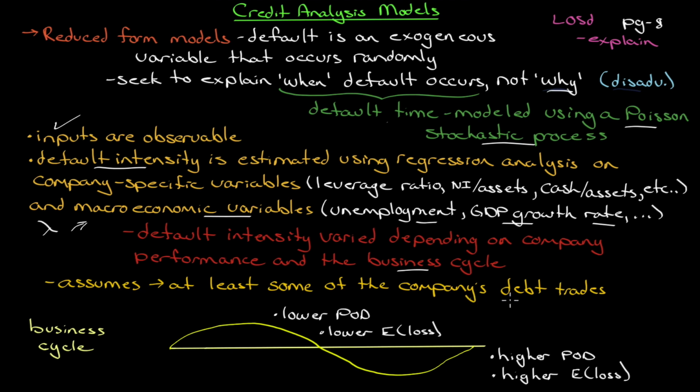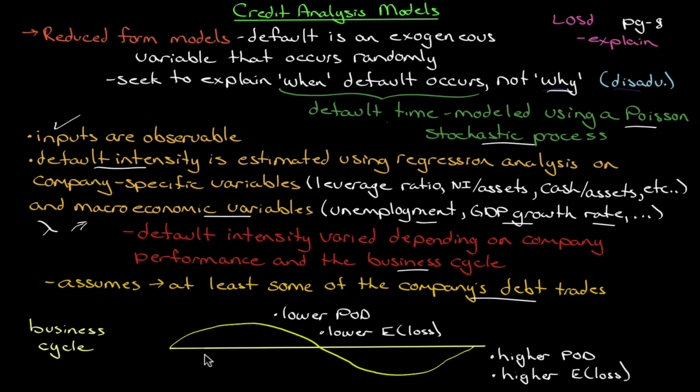Assumes at least some of the company's debt trades. Well, that's not an onerous assumption either. The structural model assumed that the company's assets traded, because we had to think of equity as a call option on the assets, so the assets had to trade and have a volatility. Here, for the reduced form model, we're saying at least one of the company's debt securities trades in public markets.